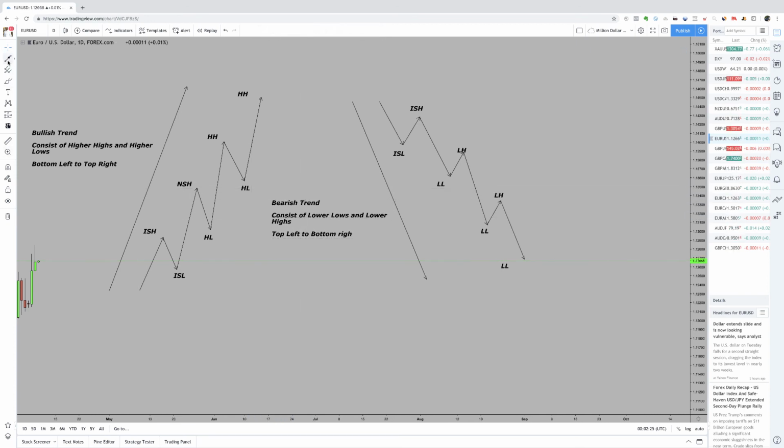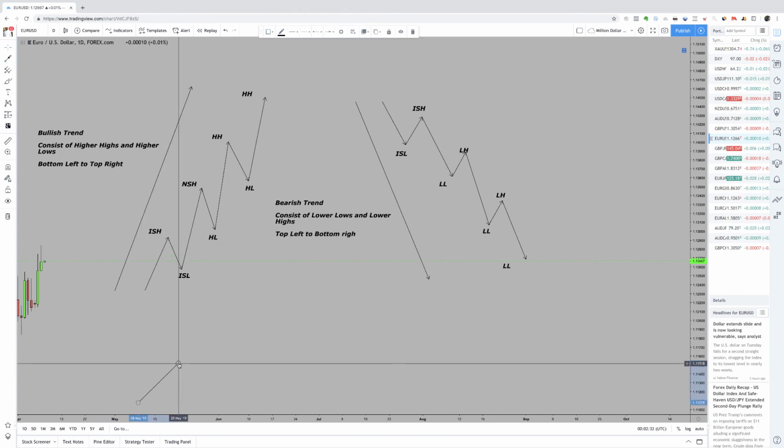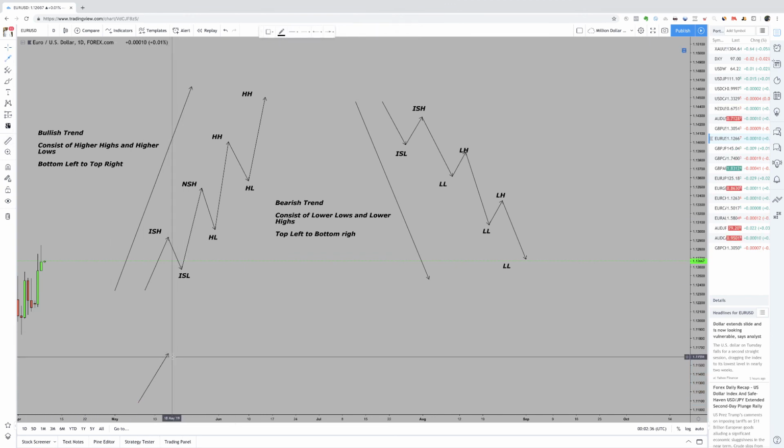And then the third thing that the market can do, you all, is consolidate. Now the market only trends 30% of the time. So a lot of the time you're going to be seeing the market just moving sideways, in choppy movement, not really trending.